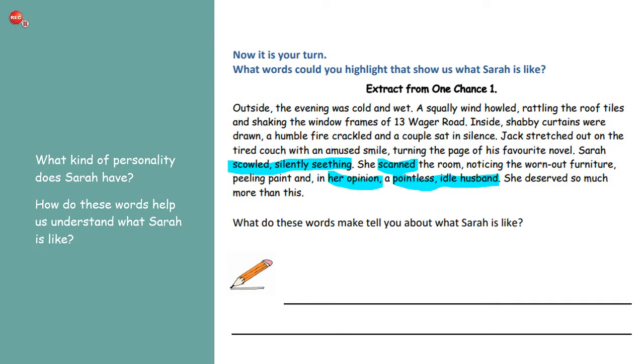Her opinion, pointless, idle, husband. Now what I want you to think about is how these words help us understand what Sarah is like. So what do these tell us about what Sarah is like?